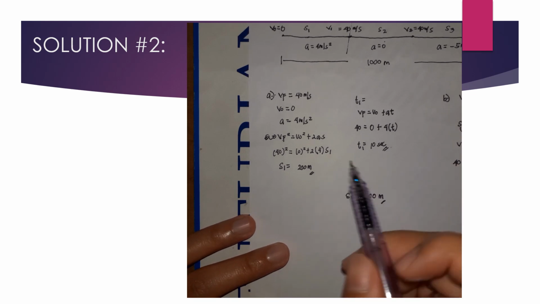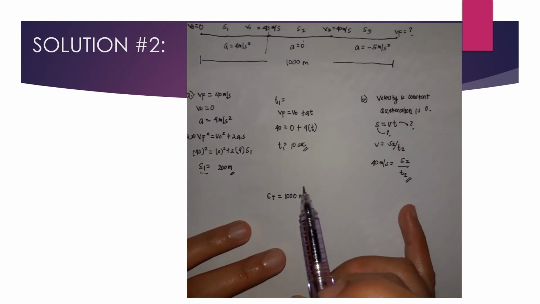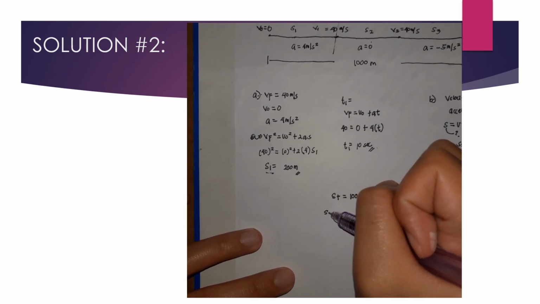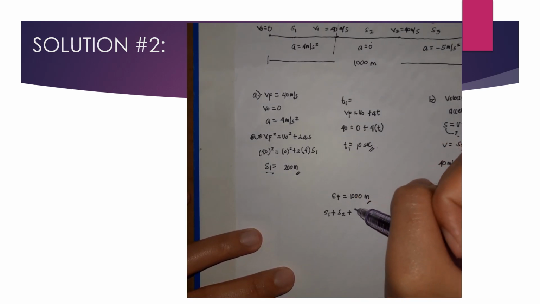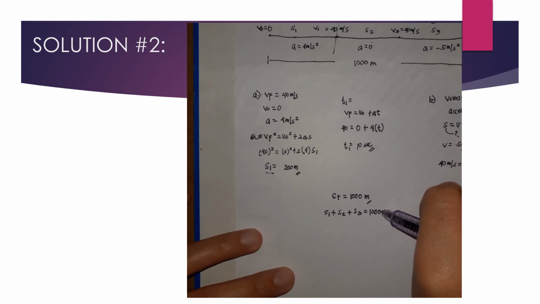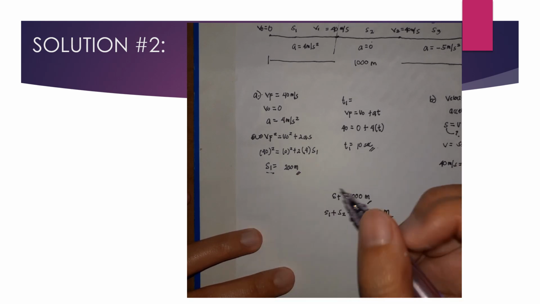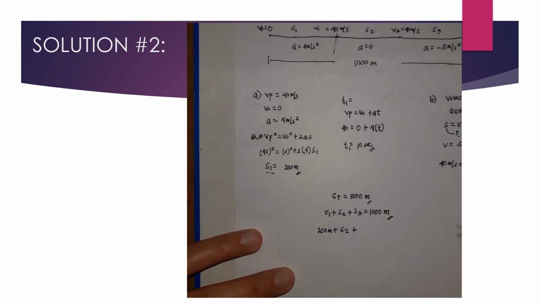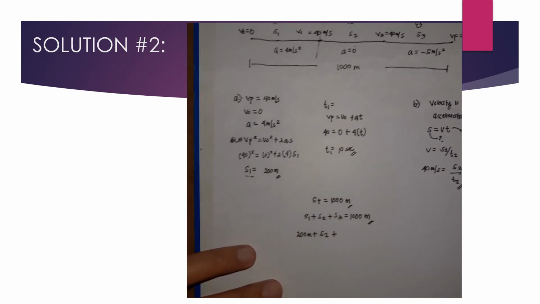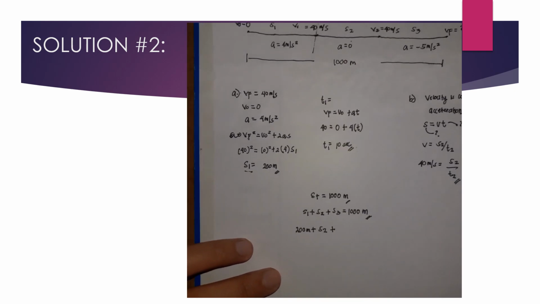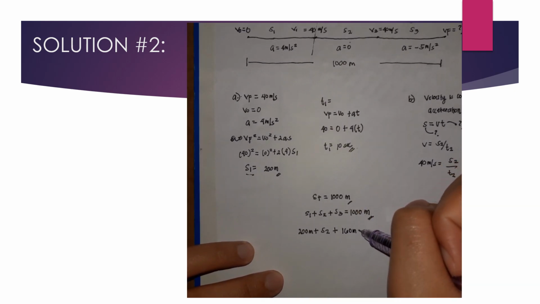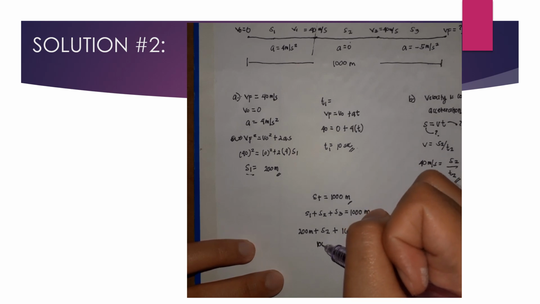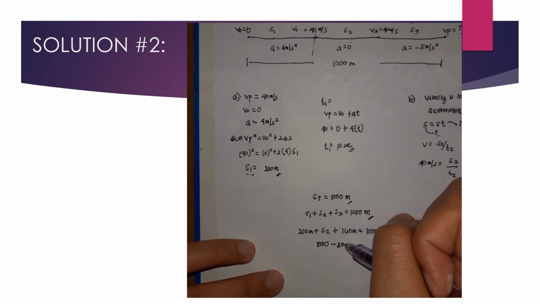It says that our total distance traveled is 1,000 meters, and we already solved for our S1 and our S3. So our unknown now is S2, and we can equate this to 1,000 meters. To solve for S2, our S1 is 200, our S2 is unknown, and our S3 is 160 meters, equal to 1,000 meters.